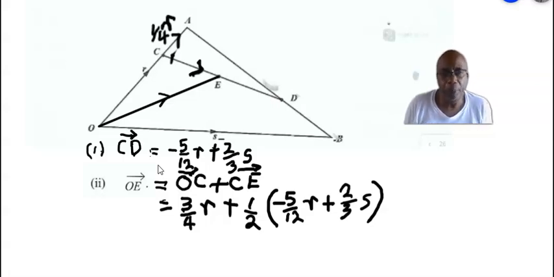So we'll first take out the bracket by multiplying through by a half. We are going to get 3/4 R plus a half, well, it's not plus, it's minus, so let's take out that plus sign.